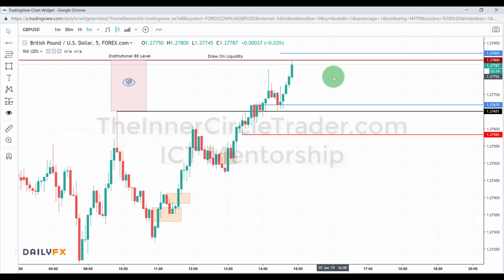All right, so I have 4 lots ready to go, if I can get that. Now, I'm in a little bit of a pickle here because the chart I'm showing you is printing at 2778, but my demo count is printing that I could get out at 2780.